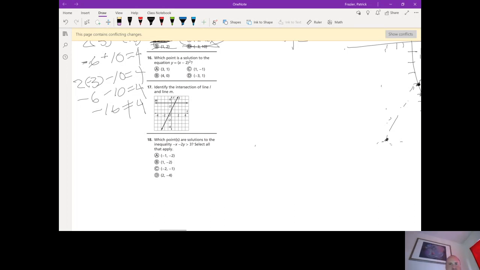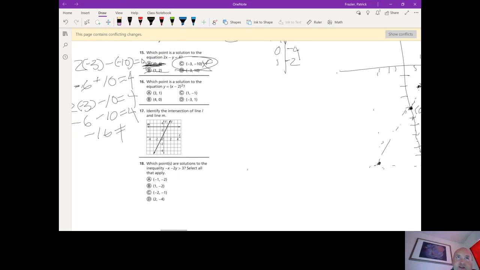Well, again, it wants to know that when we put in a value for x, we're going to get the y that they're putting on that ordered pair. And x minus 2 squared isn't going to be a straight line. That's going to be a quadratic. It's going to be a parabola.